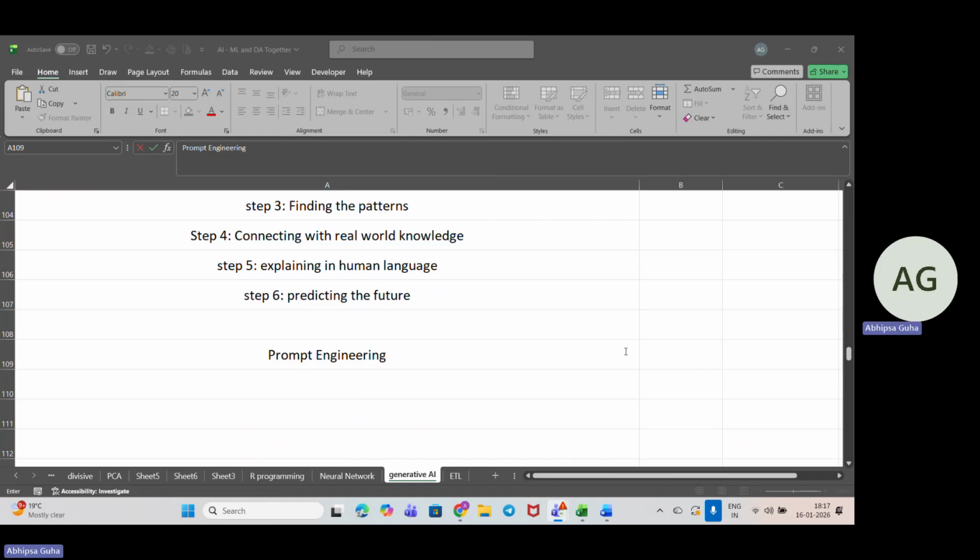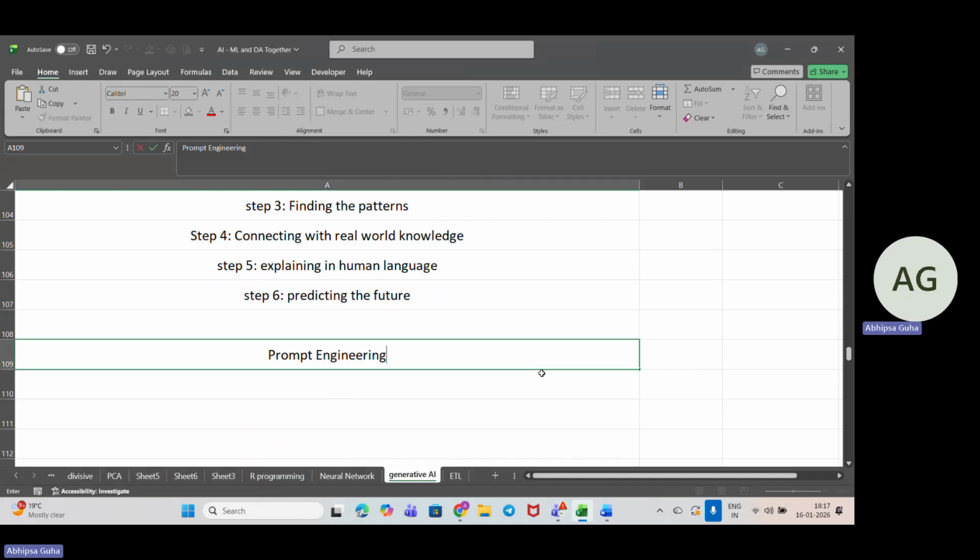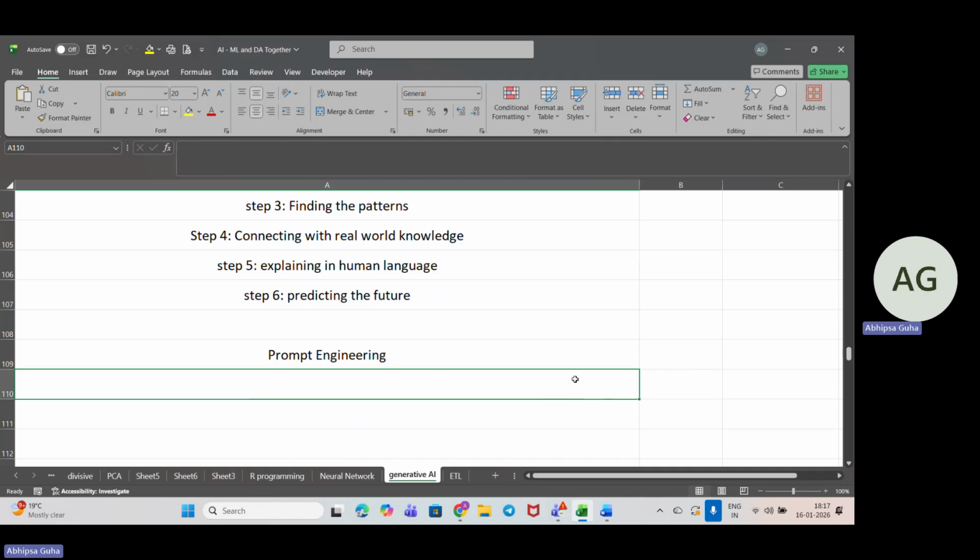Okay, guys. Now let's discuss prompt engineering. So what is prompt engineering? A prompt is what you ask AI, the command you give or what you are asking of AI. Now what is engineering?